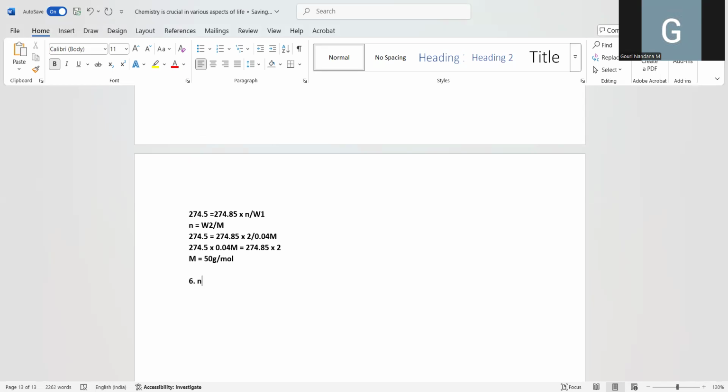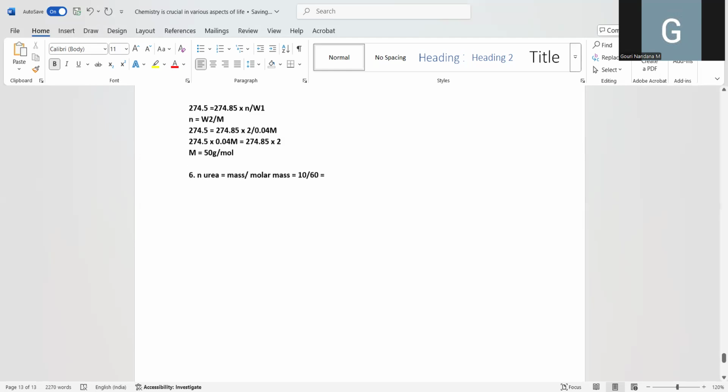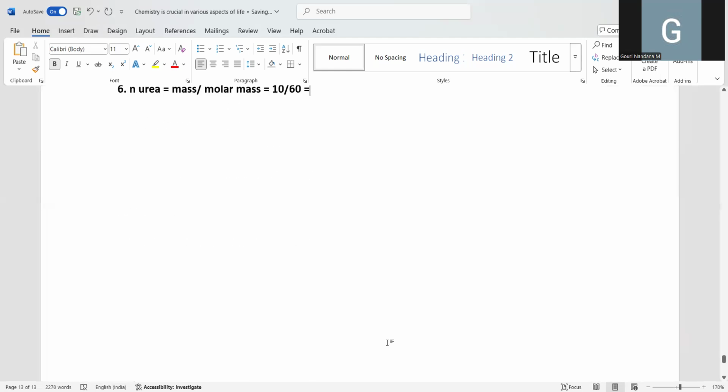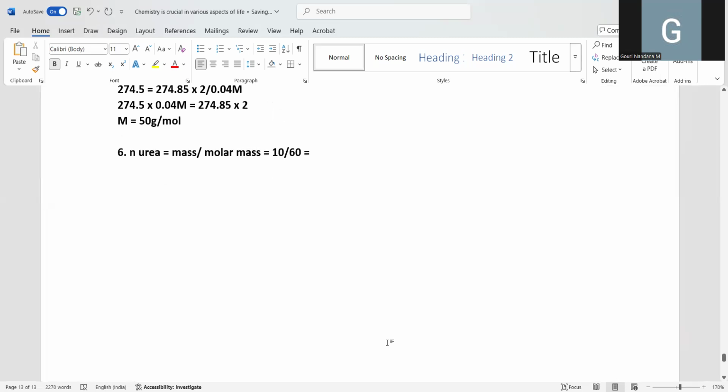N urea will be equal to mass by molar mass. Mass is given, that is 10, and molar mass is 60. So when you solve it, you'll get a value of 0.1667 moles.